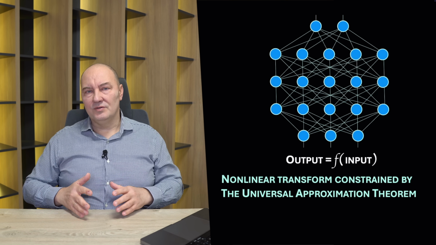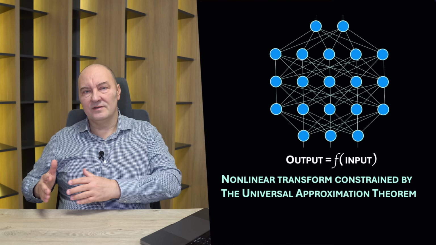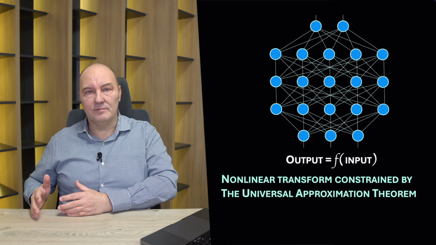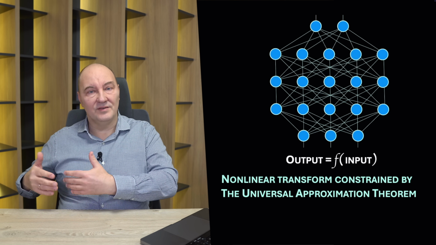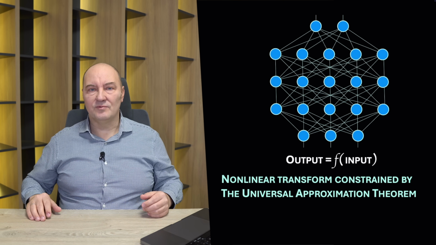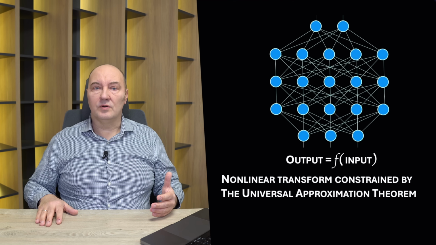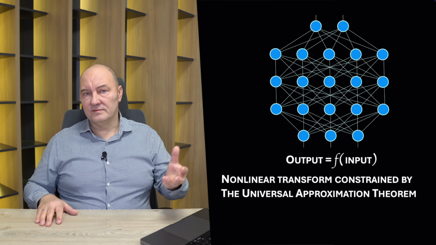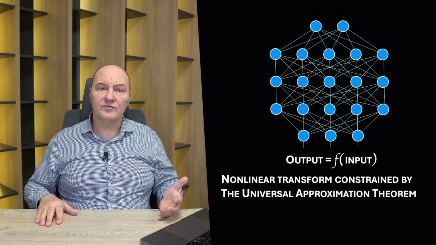Well, that is where the famous universal approximation theorem comes to the table, and we finally get into the mathematical background of deep neural networks. The nonlinear transforms of the neurons in a deep neural network are not arbitrary.